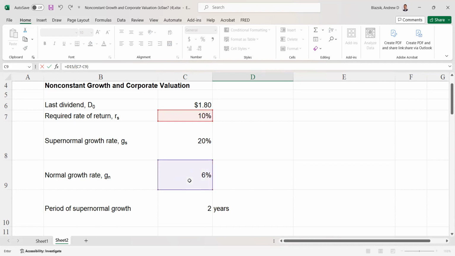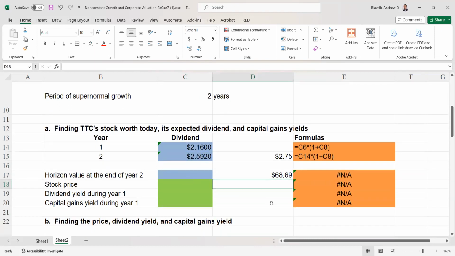So that's going to tell me that if you buy the stock in the second year, that stock is worth 68.69, because that is a continuous dividend, or a perpetuity of 6% forever.